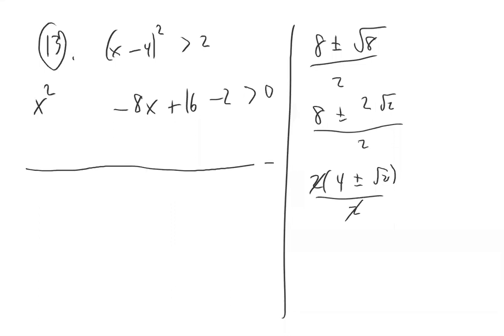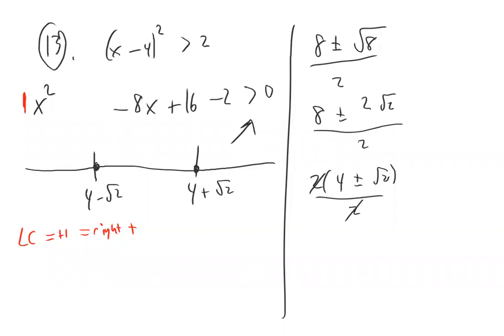So you're going to have x equals 4 minus the square root of 2, and then x equals 4 plus the square root of 2. Now you look at the leading coefficient. There's an invisible 1 at the front of the problem. When the leading coefficient is positive, the right side of the graph is positive. So on the right side, I'm going to make it go up.